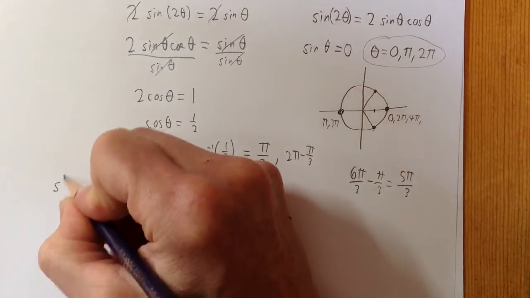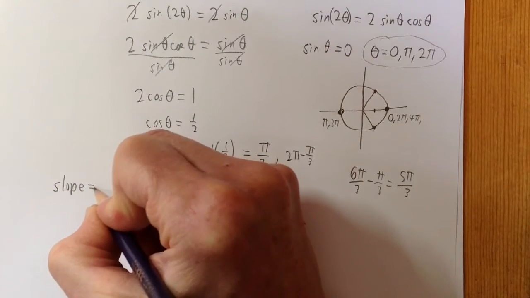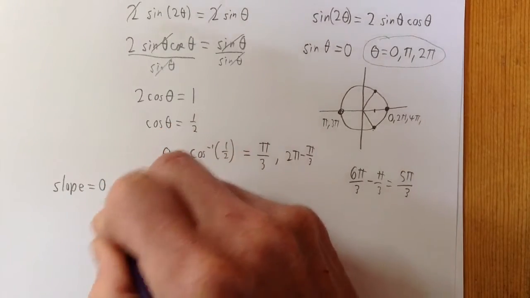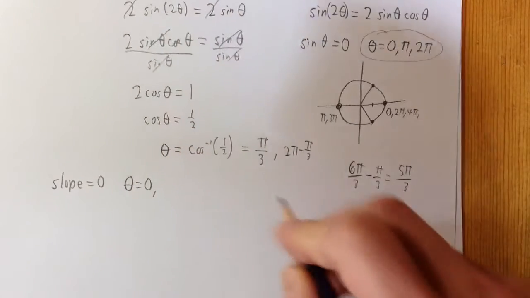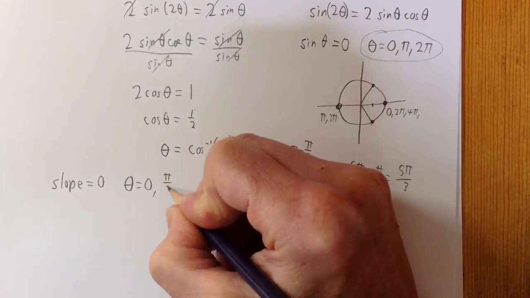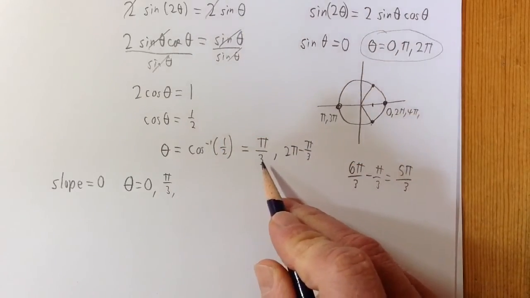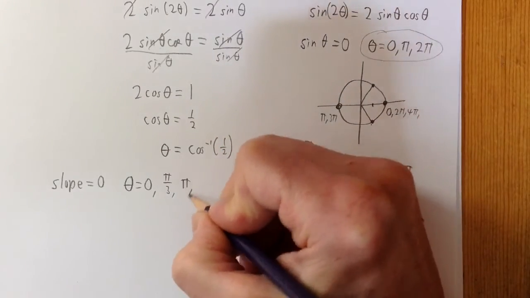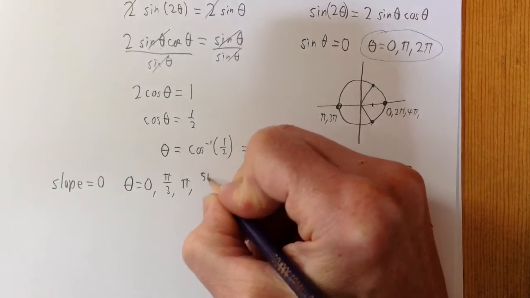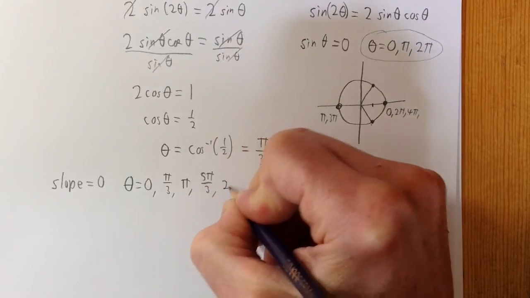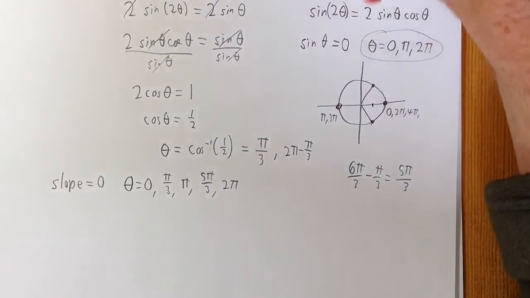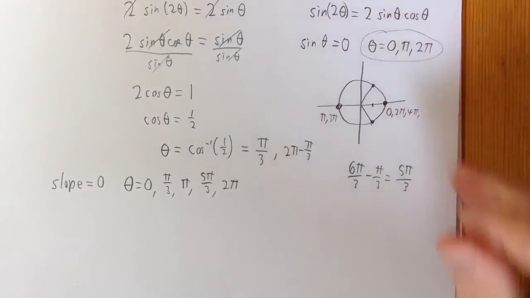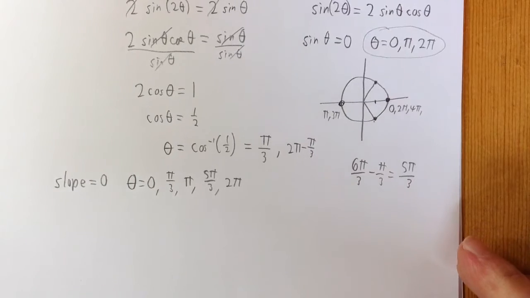Let me write that out clearly. The slope is 0, or the derivative is 0, at theta equals 0, pi over 3, pi, 5 pi over 3, and 2 pi. Five places in our interval where the slope is going to be 0. This crazy function, okay, that's interesting.